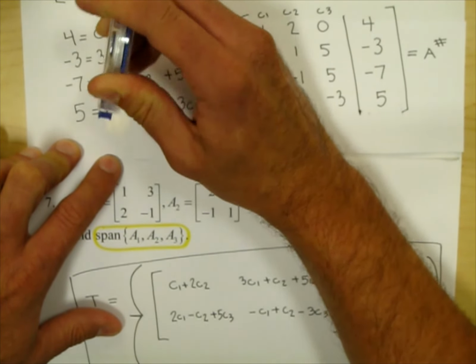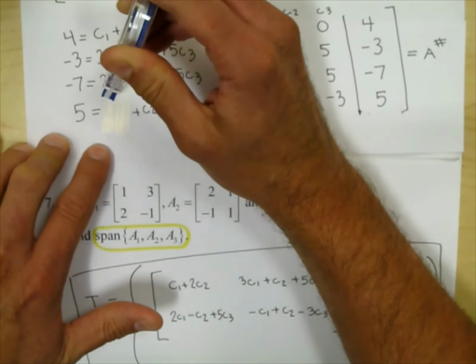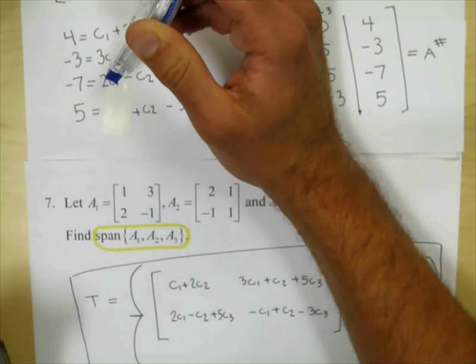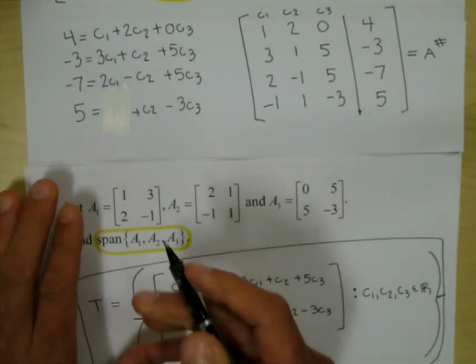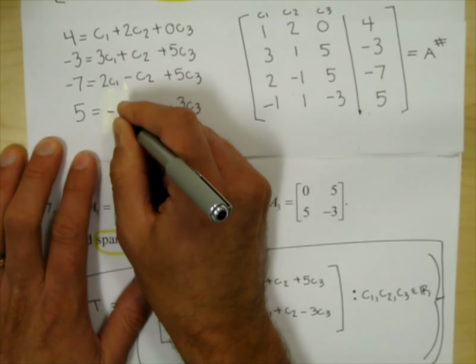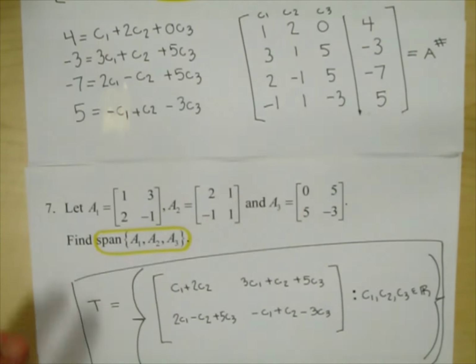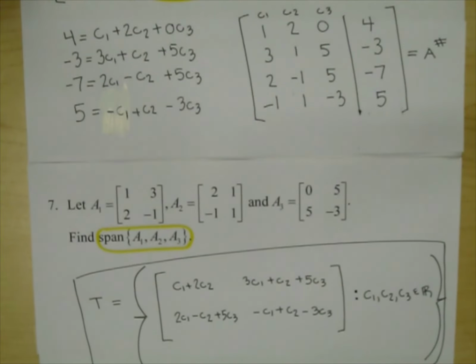It's a new one, so I can waste it, and then I'll run out and I'll be like, what happened? I'll probably write the wrong thing here. So I think this was negative C1. Okay. So that completes this problem.